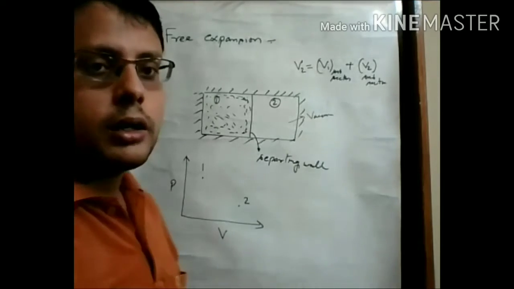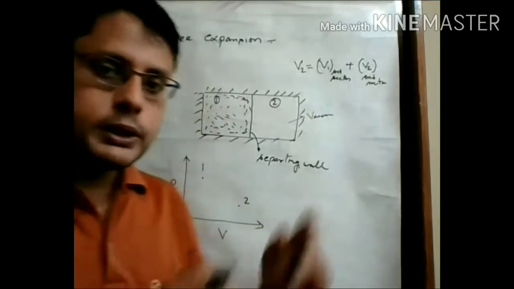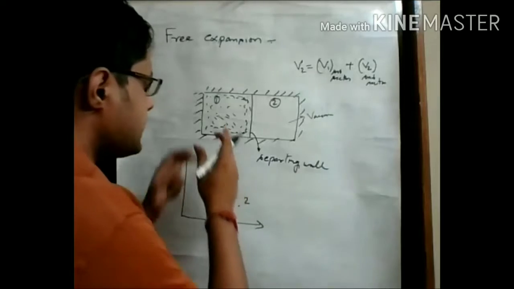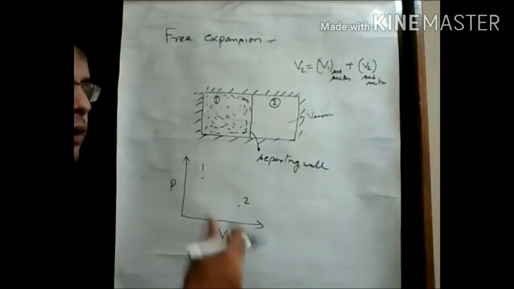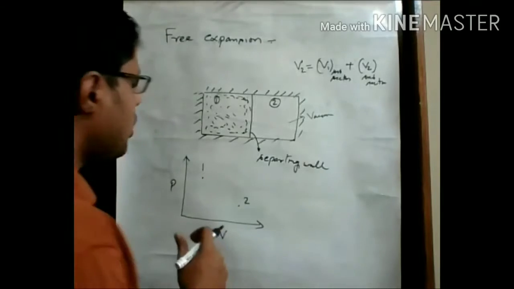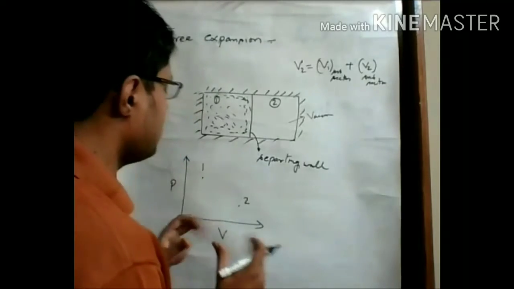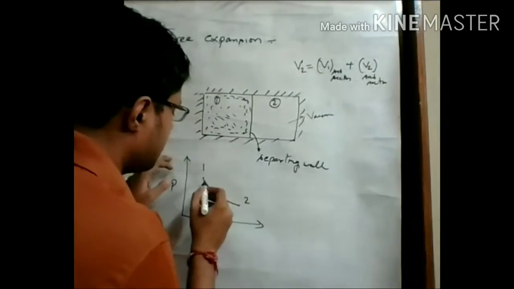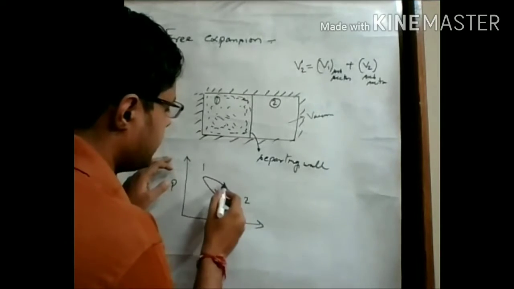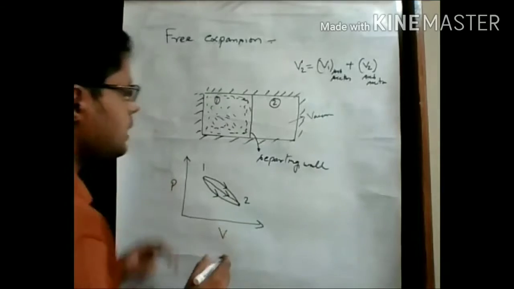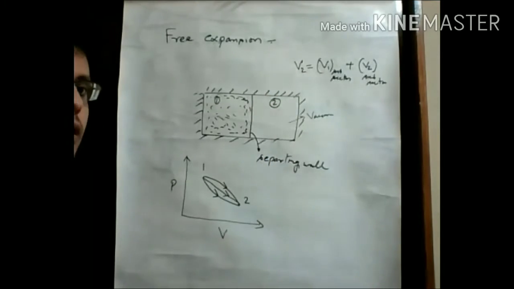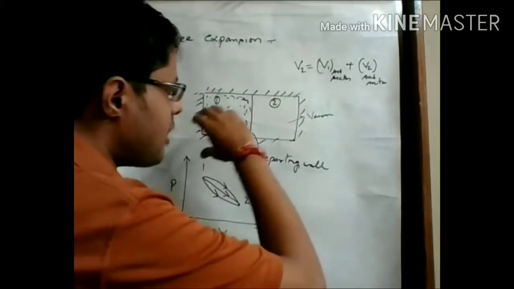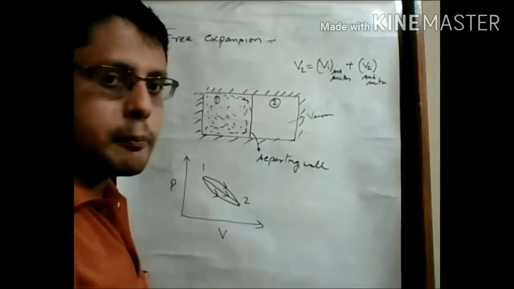The problem is that if we want to relate these two states through a path 1 to 2, this expansion process is too fast, and that's why we cannot say in which manner this process is happening, like that or like that, because as we remove this separating wall, all the gas molecules very quickly cover the whole volume of this vessel.